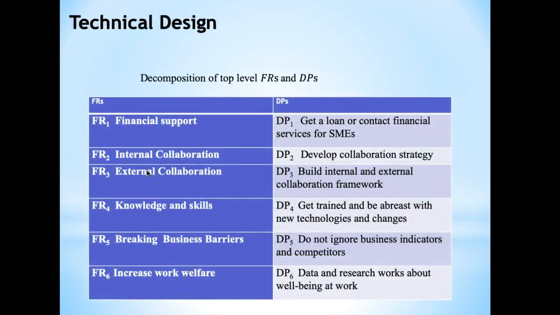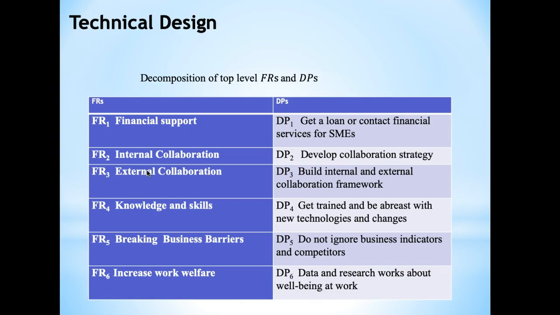Now, after analyzing the needs of the customer, we first identify the CNs, which is known as customer needs. Now from these needs, we identify FRs, the functional requirements. After analyzing the questions from the interview, we came out with 6 functional requirements, and they are listed there.